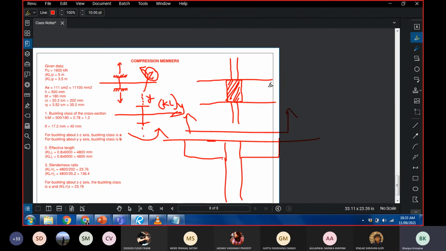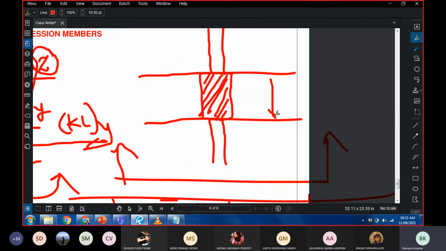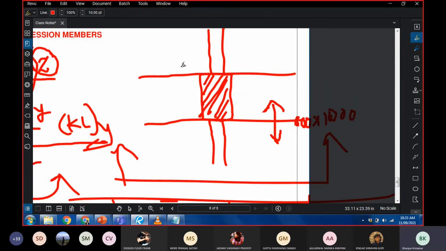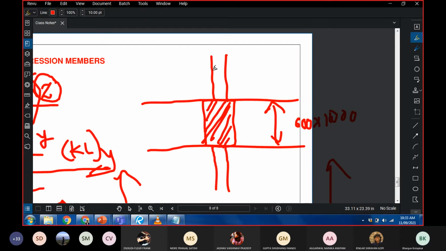From this you understand that, say, roughly this beam is 600 wide and say 1000 deep, and this beam is say 200 wide and it is 300 deep.